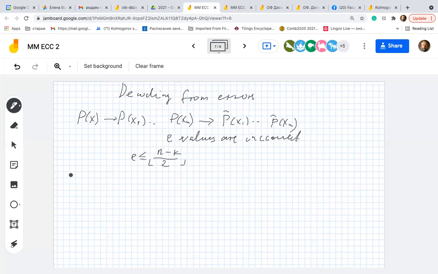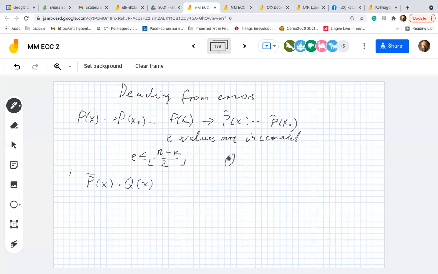To understand what our equations are, let's start with the following observation. Let's consider the function tilde P. This is not a polynomial because we might have incorrect values here. And let's multiply this function by a polynomial which is 0 in all the places where there is an error.